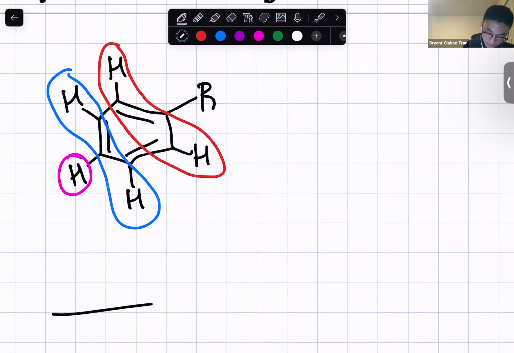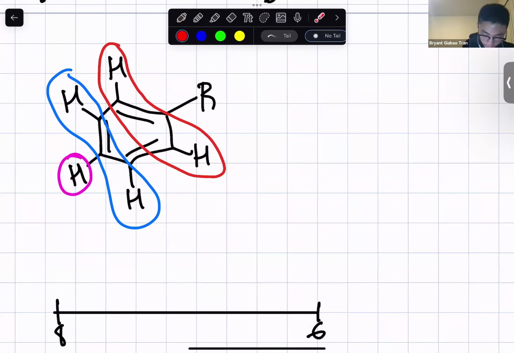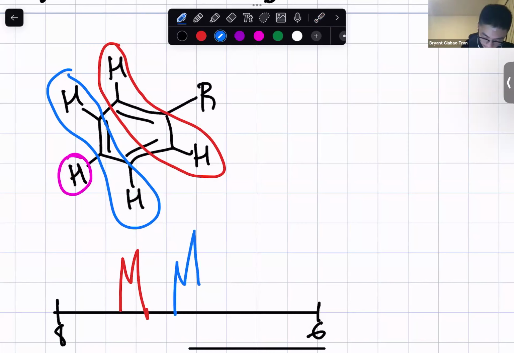So let's see what this would look like between 6 to 8 on the HNMR. For the red hydrogens, we focus on only one. They have one neighbor, so that should look like a doublet. The blue hydrogen has 2 neighbors, so that should be a triplet. And for the pink hydrogen, there is only one neighbor.